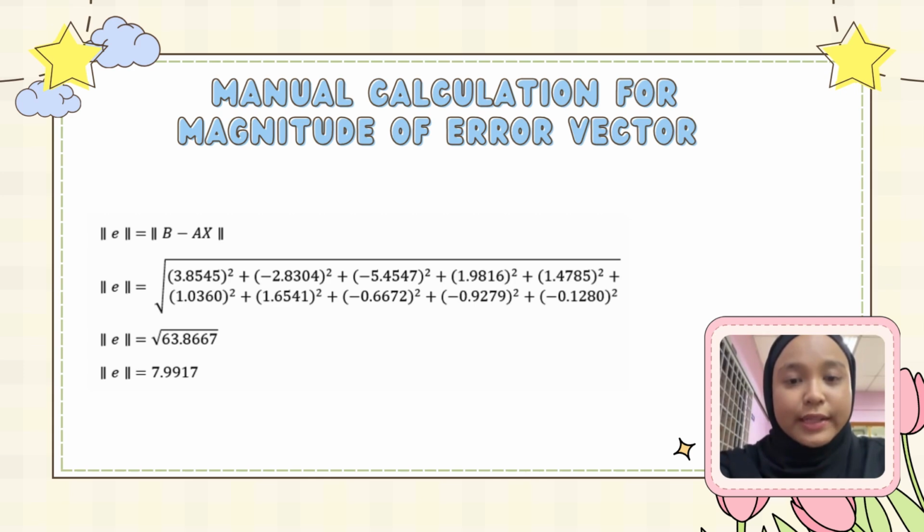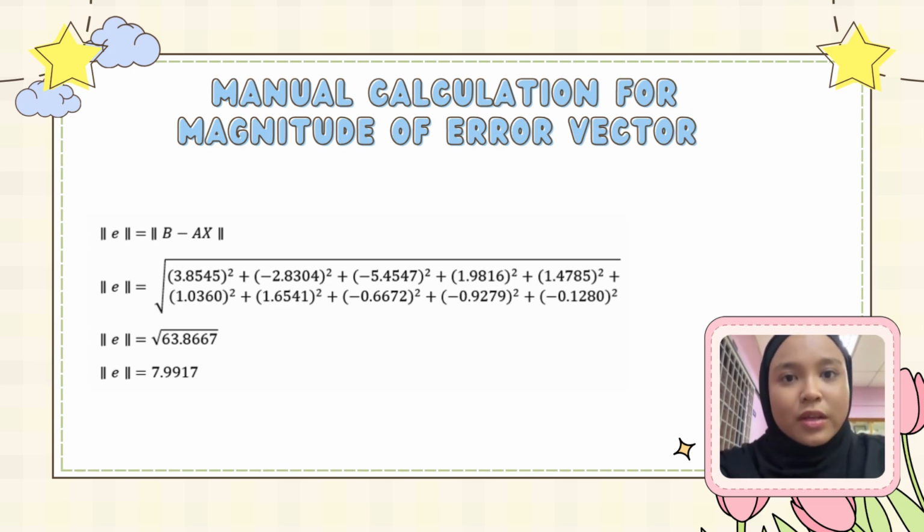Like here in the calculation, we square values like 3.8545, -2 and -2.8304, and so on. Then we add them up, and we get the square root of 63.866.